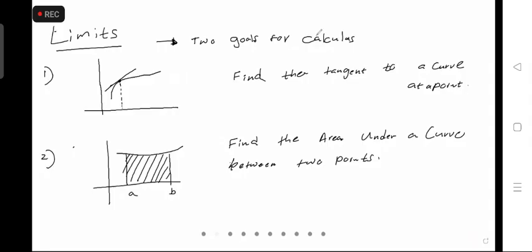I will discuss the first part, the tangent part.